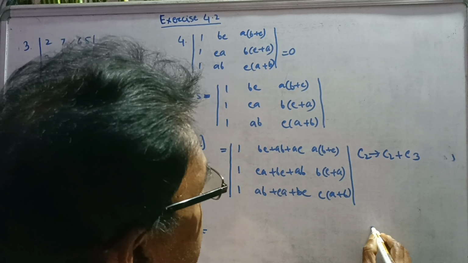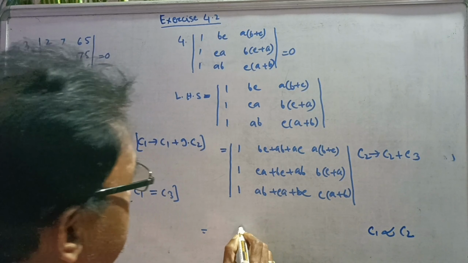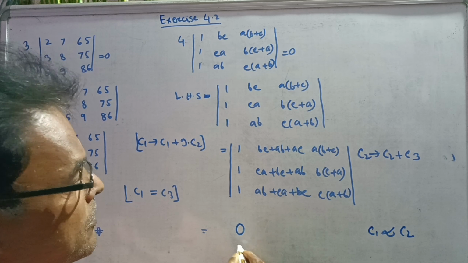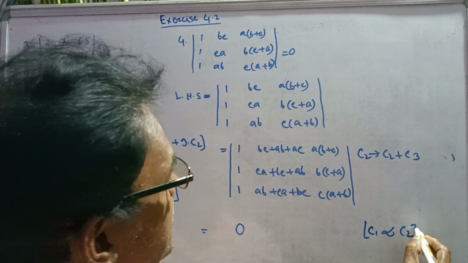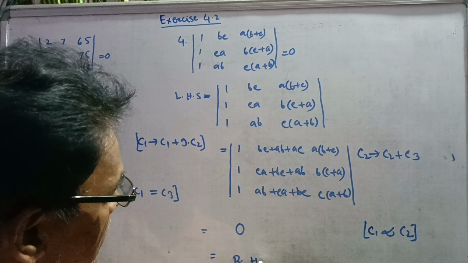That means C1 is proportional to C2, so this is equal to 0, because C1 is proportional to C2, therefore right hand side.